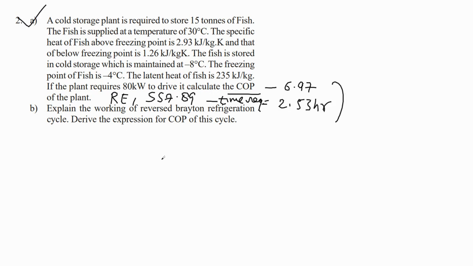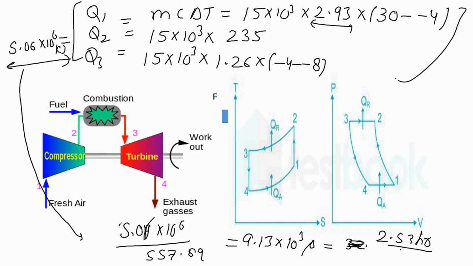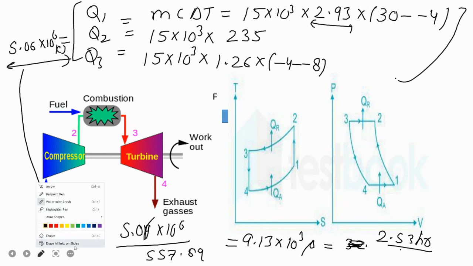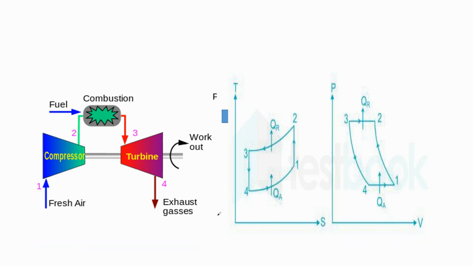One last thing in this question is to explain the working of the reverse Brayton cycle. You have seen many videos on this. We have studied different refrigeration cycles, like the reverse Carnot cycle.